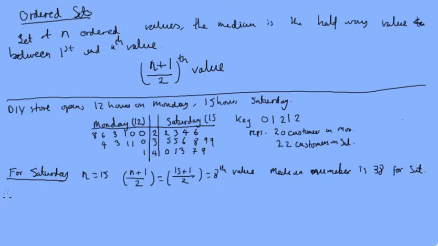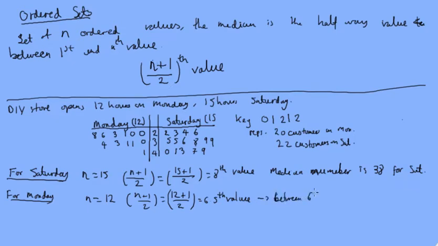Now we can do the same for Monday. So this time, Monday, the n is 12 because there's 12 hours that the shop was open for. So again, we'll do n plus 1 over 2, which is going to be 12 plus 1 over 2. Now as we see here, we're going to have 13 divided by 2, which gives us the 6.5 value. So it's between the 6th and 7th.